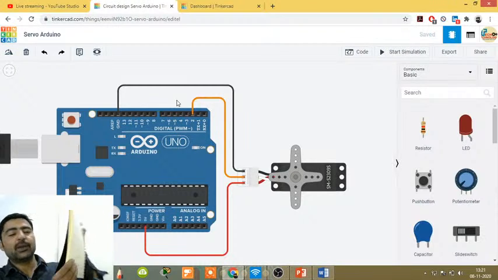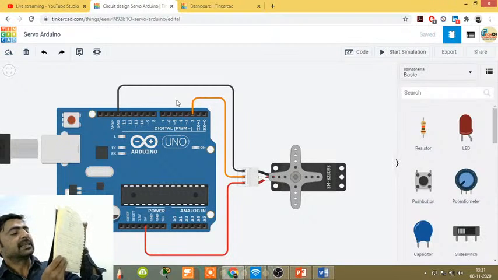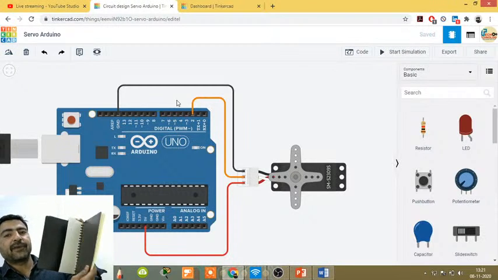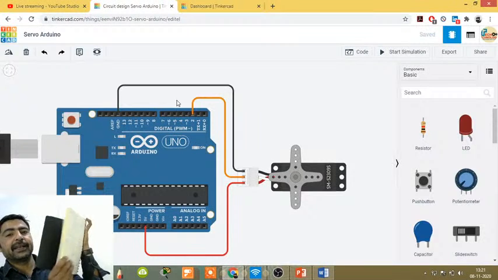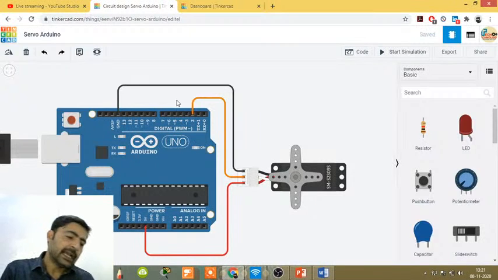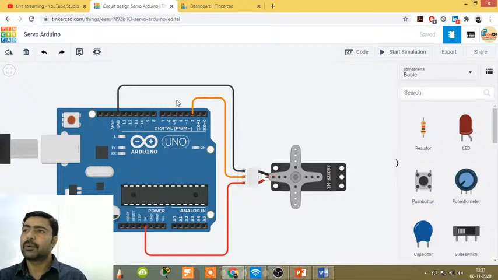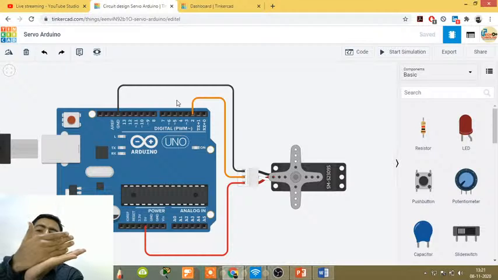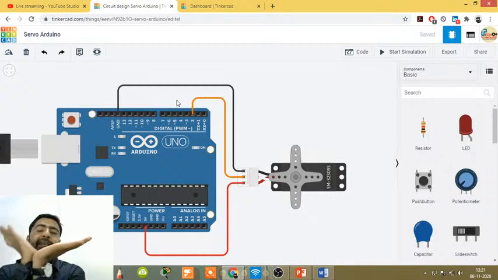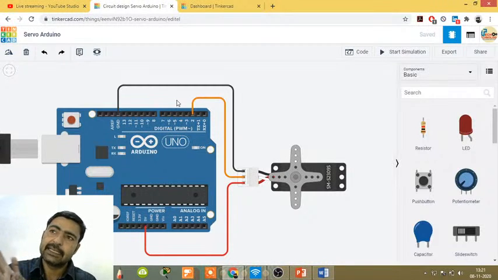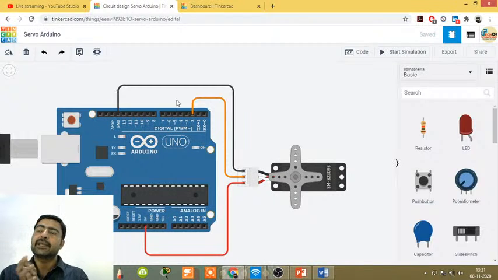Let's say this is a door and you want to open it at different angles: 30 degree, 40 degree, 45, 90 degree, 180 degree. And in a similar way, if you want to make a barrier which opens at different angles, let's say 30 degree, 90 degree, 180 degree, and there may be cases where you need to point a light at different angles.